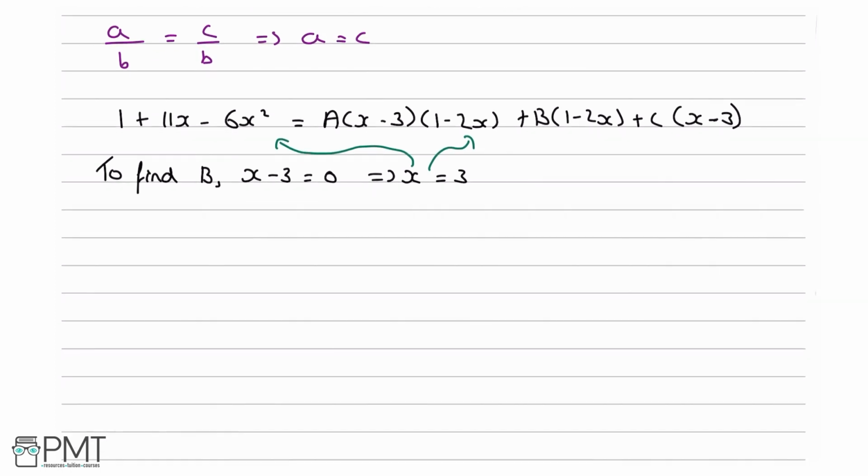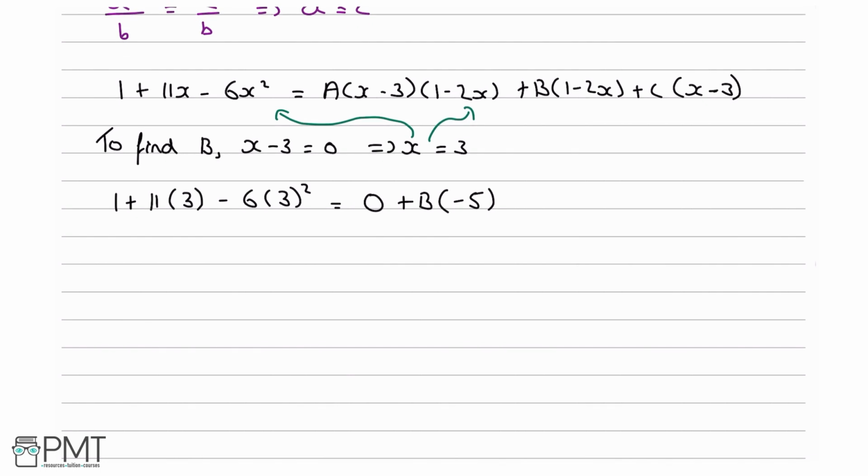So it's going to be 1 + 11 × 3 − 6 × 3² equals, so A times (3 − 3) is going to be A times 0 times (1 − 2 × 3), so that's just going to be 0, plus B(1 − 2 × 3), which is 1 − 6, which is −5, and then C times (3 − 3), and 3 − 3 is 0, so we can leave that.